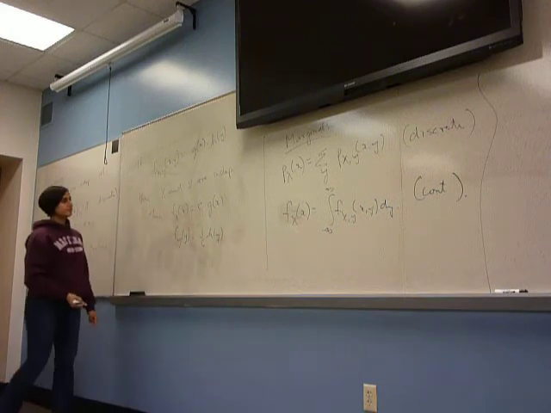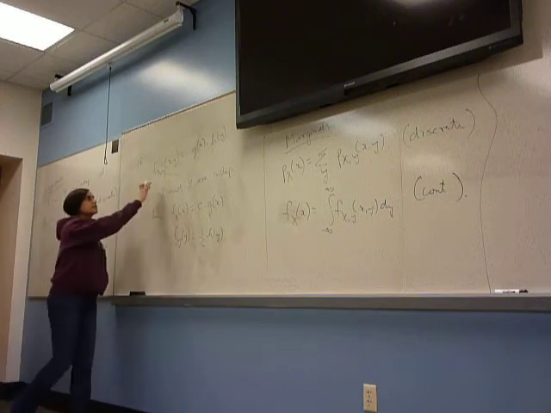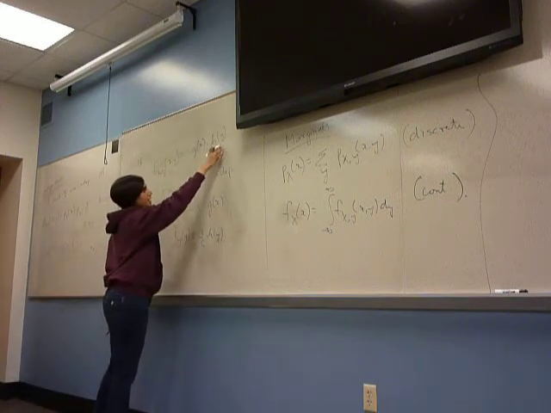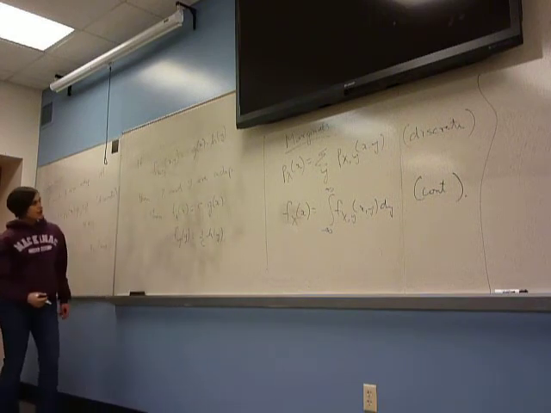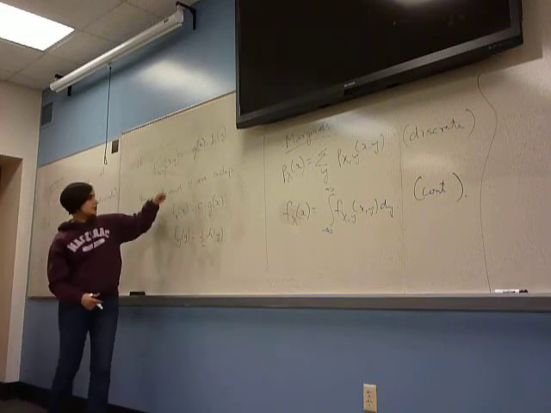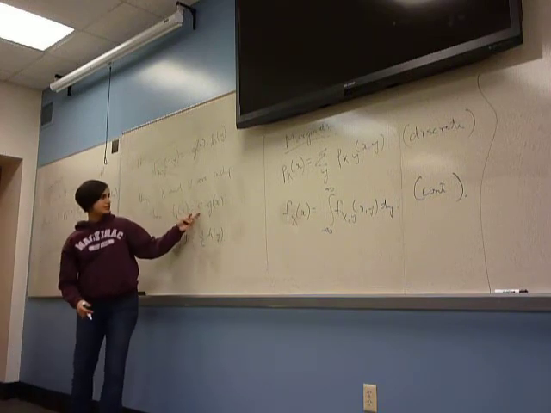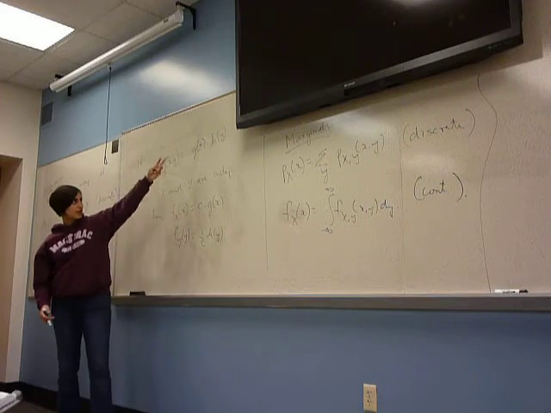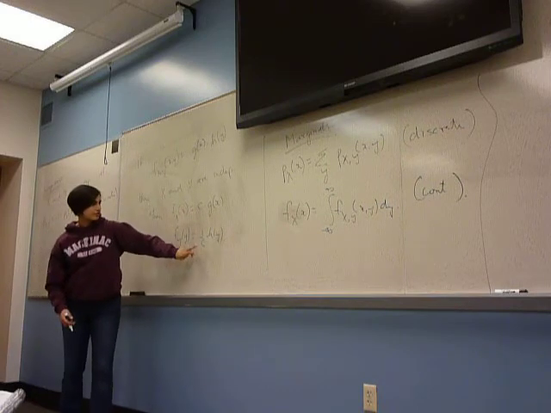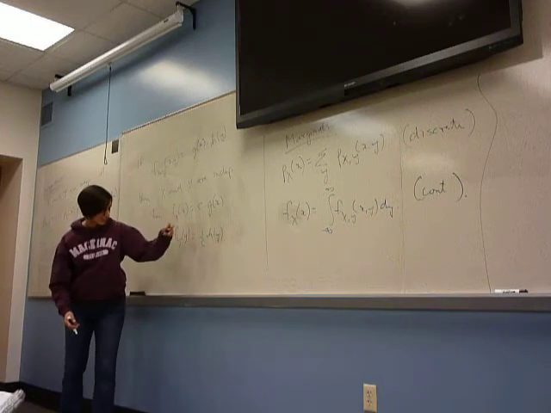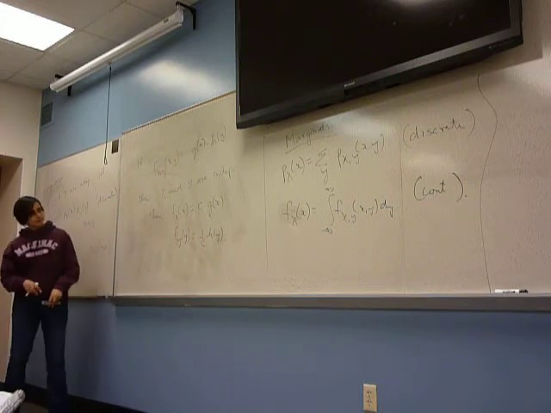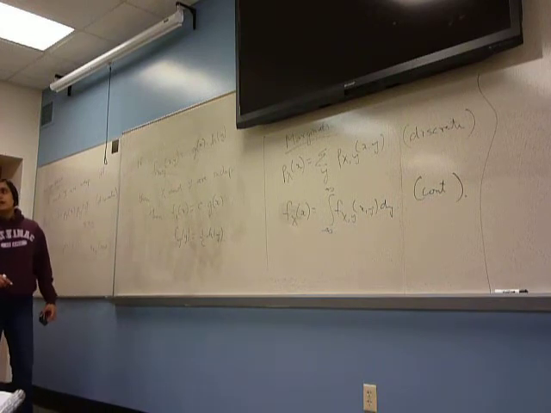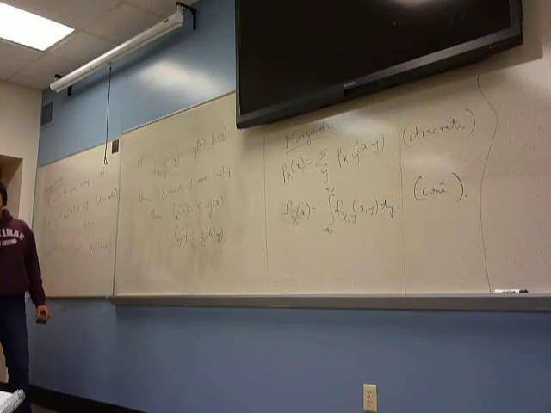So if you can express this as a function of x times a function of y, then your marginal would end up being c times that function g of x, and your marginal for y would be one over c times that function. So this is a better way to prove independence.